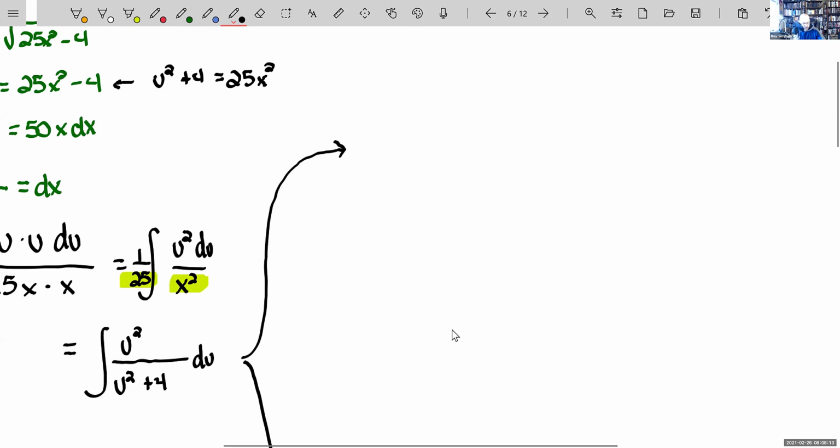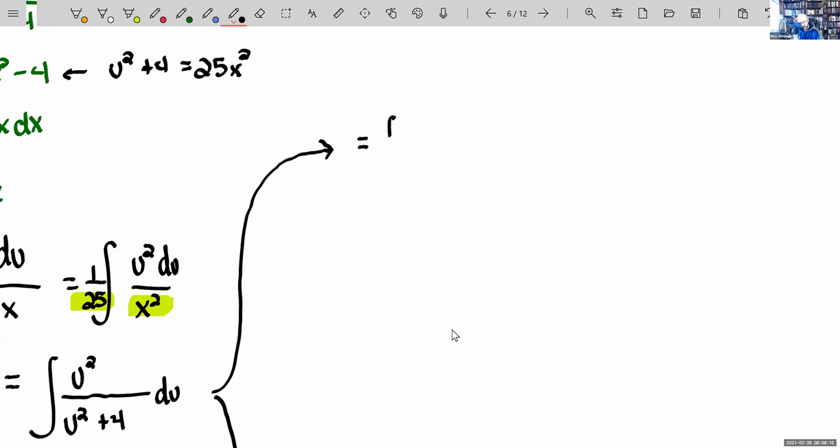The first one, I'm just going to show that trig that I showed before, which is we have u squared over u squared plus 4 du. You can always add and subtract a number to your integrand because you're just basically adding 0 when you do that. So that's a very viable tactic.